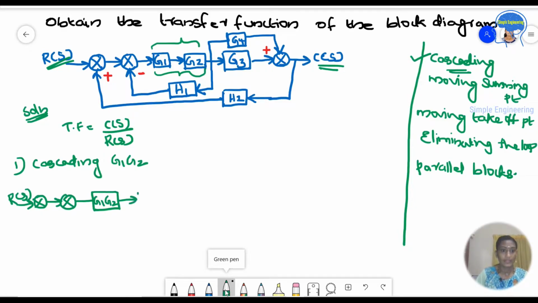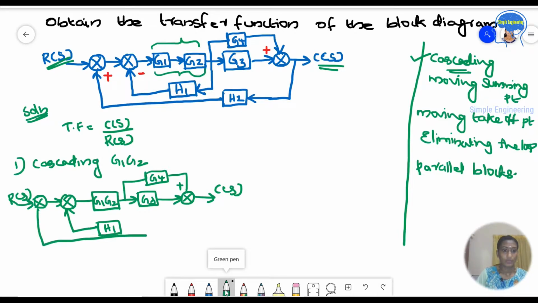Then you have G3, then G4, and the summing point is over here. The signs you have to take care of, because depending upon that your answer will change.